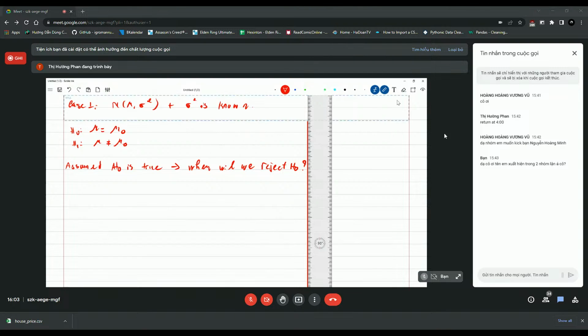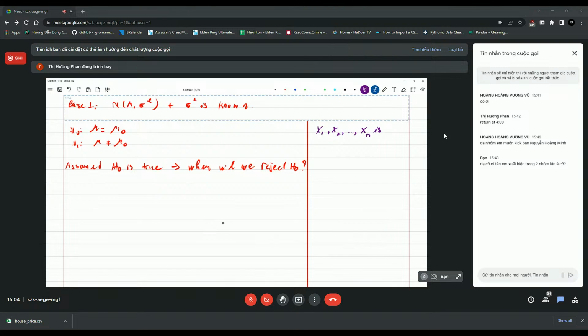Okay. Now, because the population mean mu is unknown, what we have is just the random sample. We have the random sample S1, S2, ..., Sn.